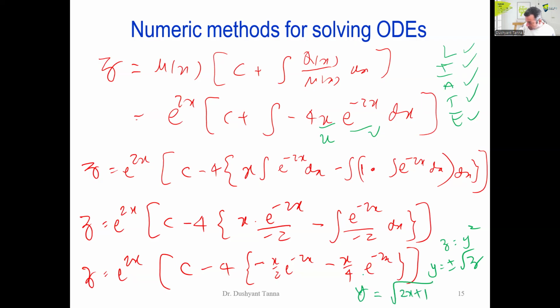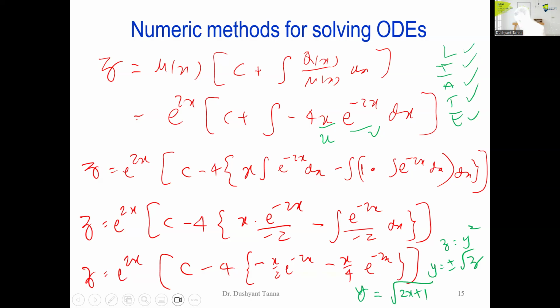You'll get plus or minus, but since your x is the positive part, you will have to keep the y positive as well. So you got your y. Now, let's go to the Excel part to actually compare everything in there.